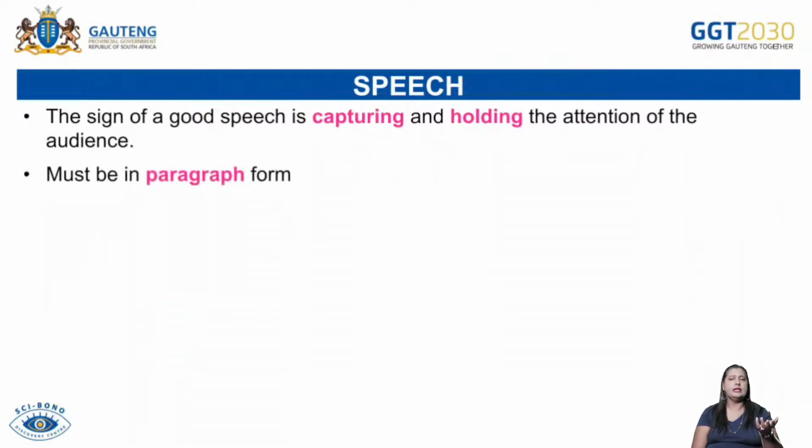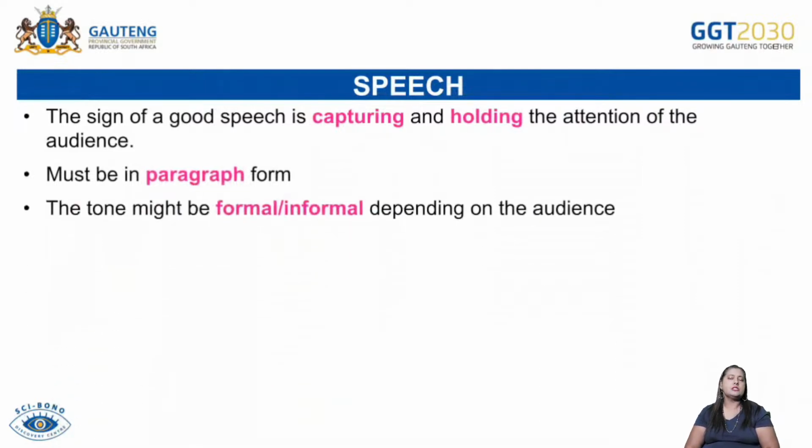And then finally, the H is how are you going to deliver it? Obviously, that will dictate again. Is it going to be a formal speech or an informal speech, formal review or an informal review? So that kind of thing you need to please go back and revise. Right. The tone on the speech here has to be formal, or depending on the question, it can be informal.